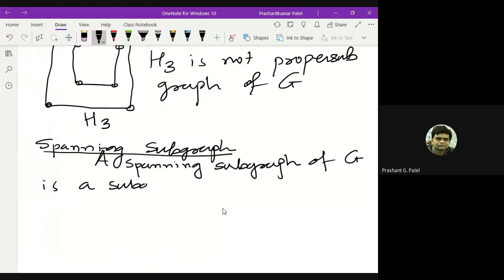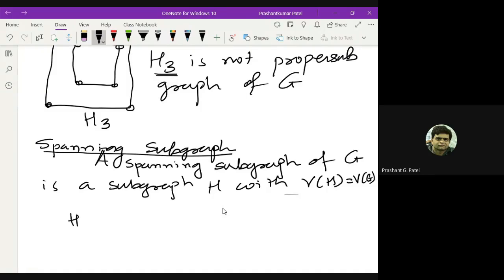First of all, it has to be a subgraph H with the vertex set of H exactly the same as the vertex set of G. So I can say this H3 is a spanning subgraph of G. It is not a proper subgraph, but it is a spanning subgraph of G. The vertex set has to be the same. Then we can say that it is a spanning subgraph.